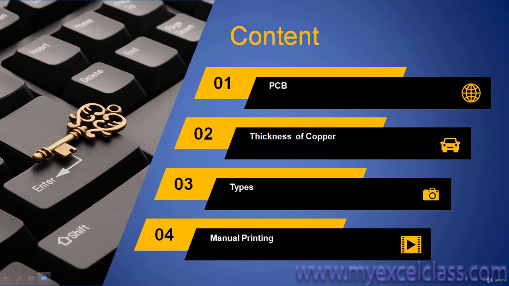In different applications of PCB the copper thickness varies, so we discuss this. Third is the types of PCB, how many types, and which different types of PCB are used today.